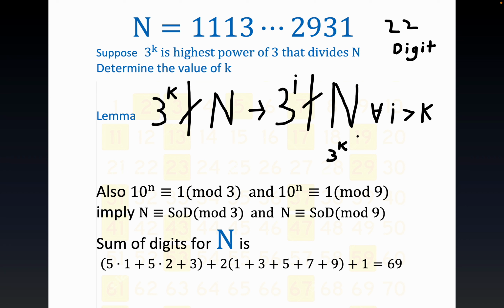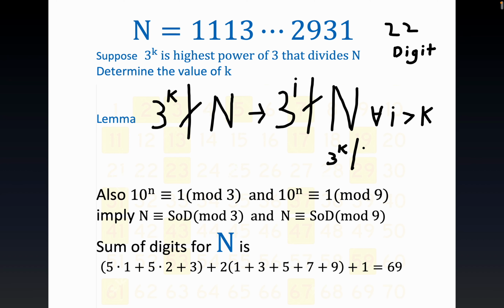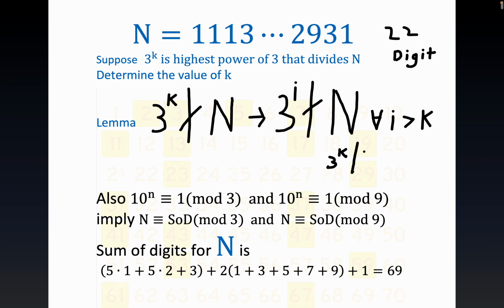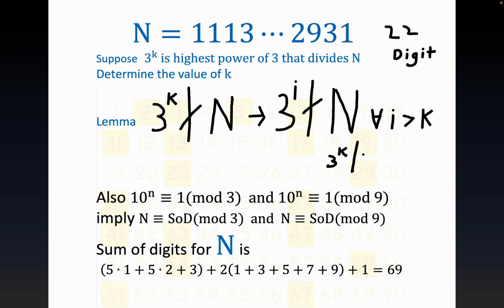So 3 to the k would divide 3 to the i under these circumstances where i is an integer greater than k. That's clear from properties of exponents. You can think like 3 cubed would divide 3 to the 4th, for example. Okay, so 3 to the k divides 3 to the i, which is essentially why this statement is true.